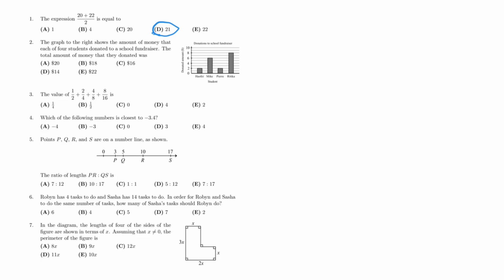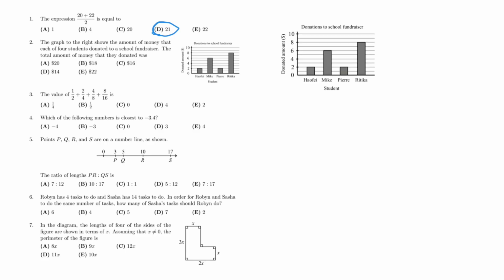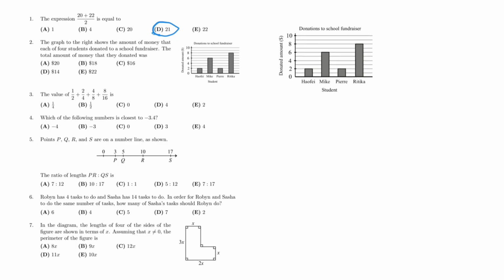Number 2. The graph to the right shows the amount of money that each of 4 students donated to a school fundraiser. The total amount of money that they donated was... So Hofi donated $2.